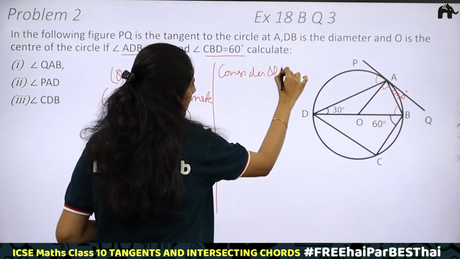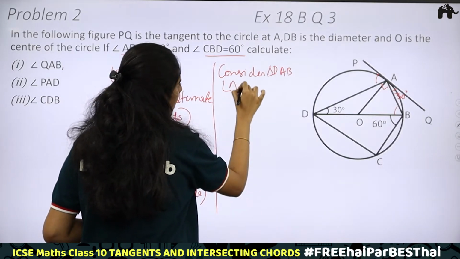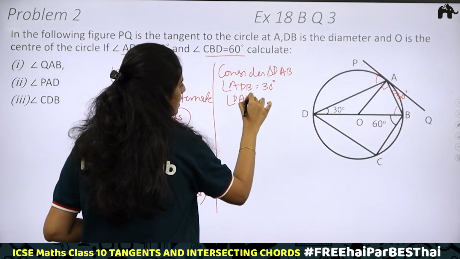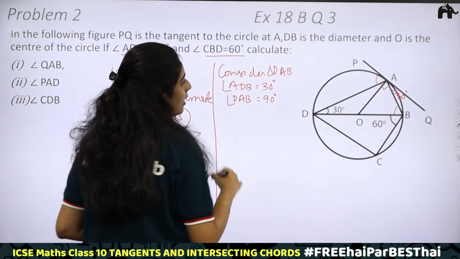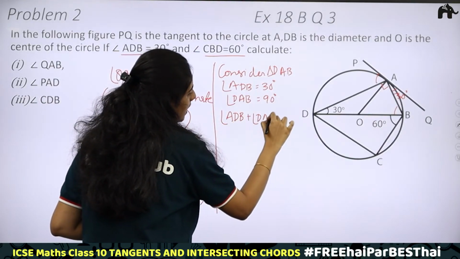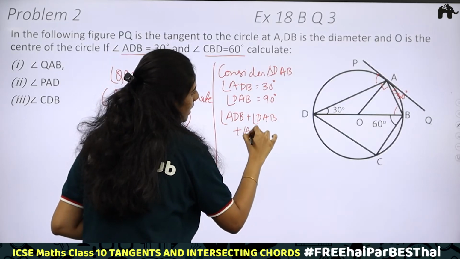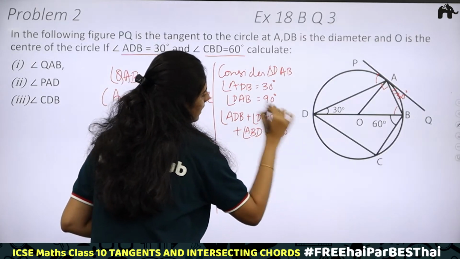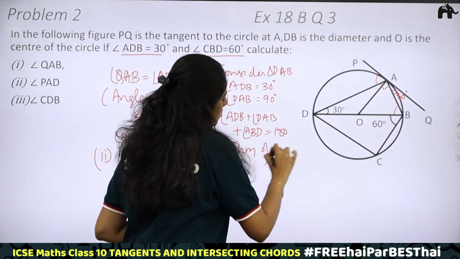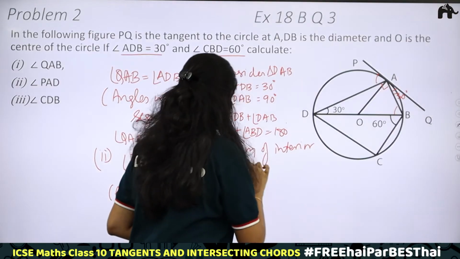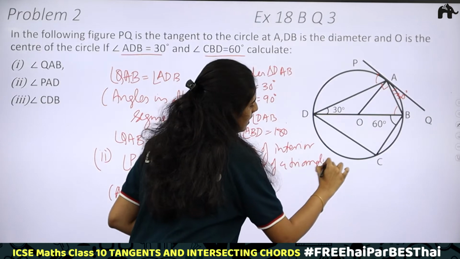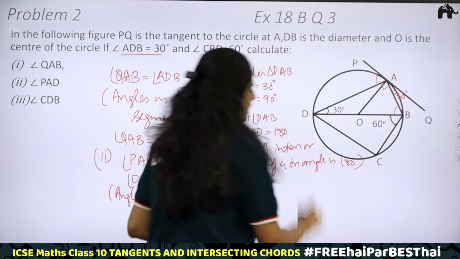Now consider triangle DAB. We have ADB is equal to 30 degree. Angle DAB is equal to 90 degree. Now ADB plus DAB plus ABD will be equal to 180 degree. What is the reason? Sum of interior angles of a triangle is 180 degrees.